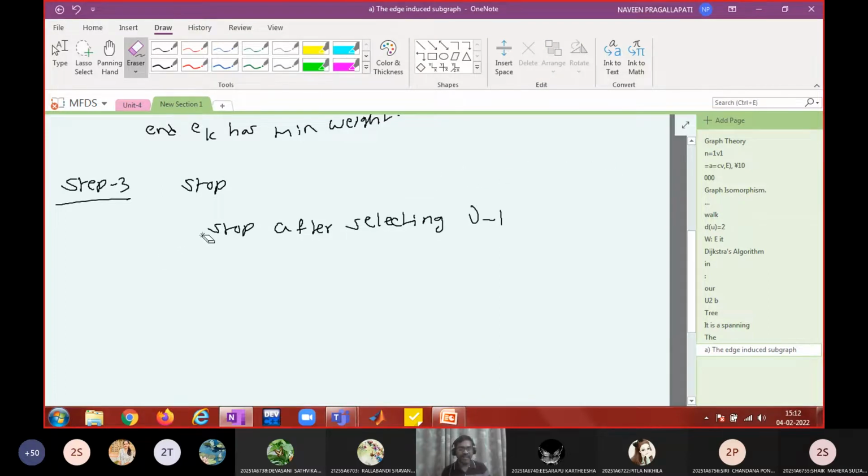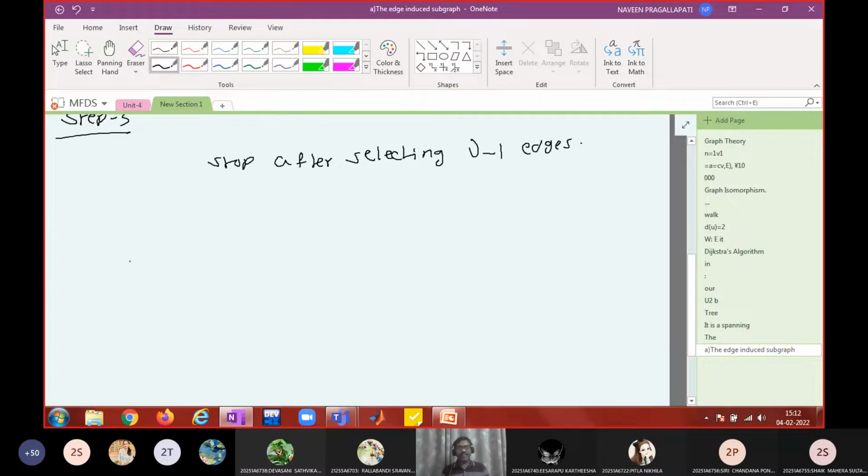Stop after selecting n minus 1 edges. This is correct, definitely, because a spanning tree will contain n vertices, where n is the number of vertices in the original graph, and that tree will definitely contain n minus 1 edges.